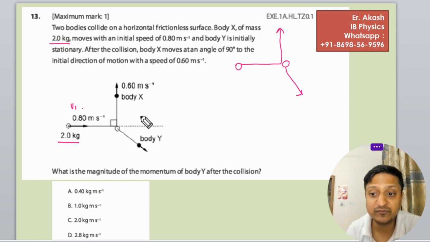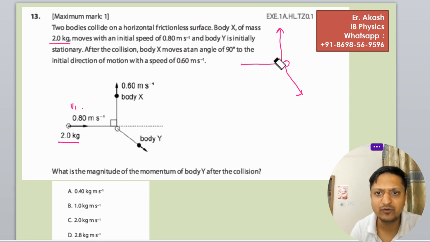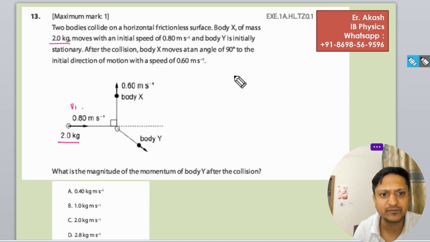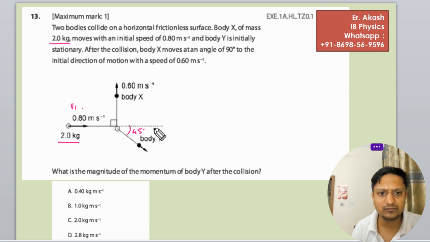So in this question, we will use the conservation of momentum, that mv is always constant. But in this question, we will not directly use it, we have to use the components, we have to break the momentum into different components. So when it is going 90 degrees, this body will move towards this.